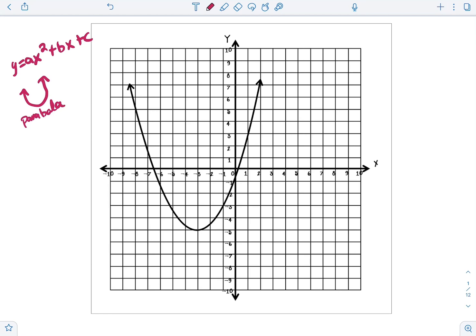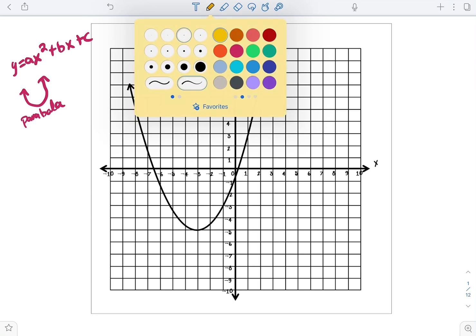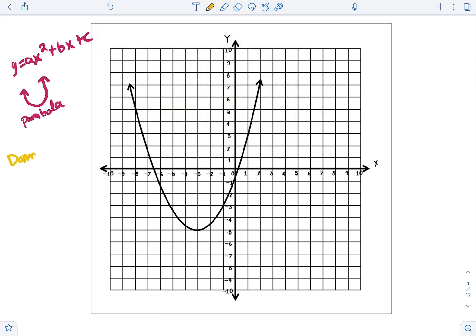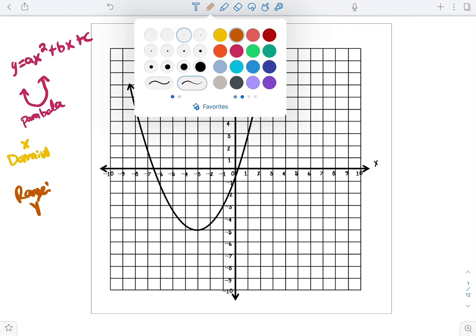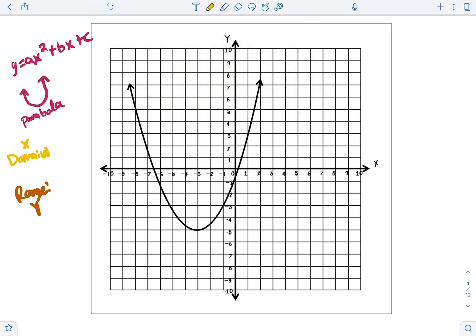So when we look, we know that domain deals with x, while range deals with y. So if we look at this graph here, notice how there are arrows at the ends, which implies that not only is it going to go up, but it's also going right this way.